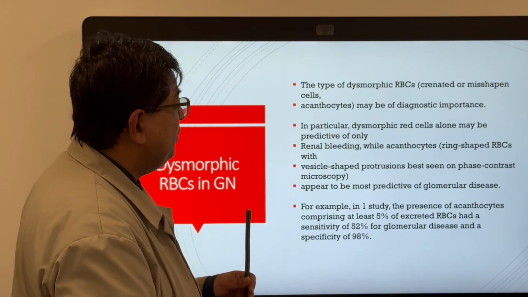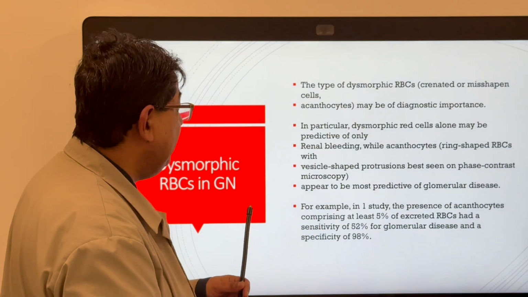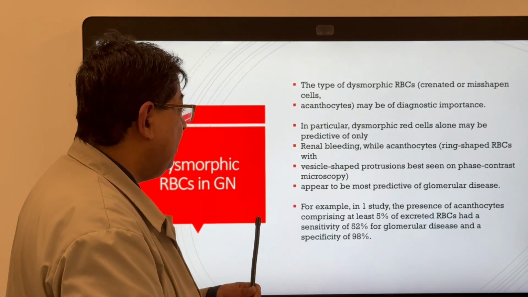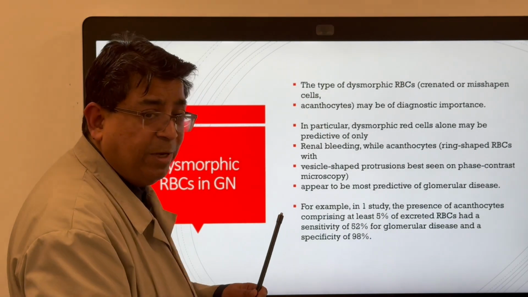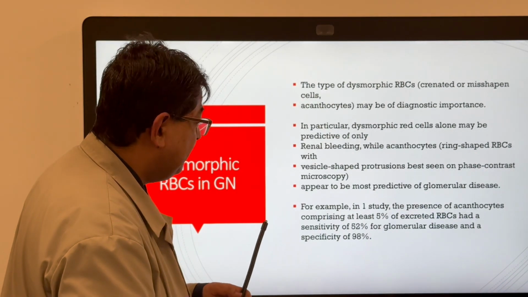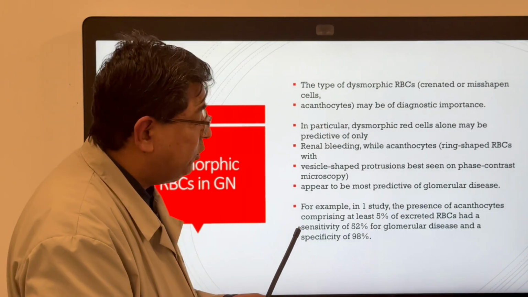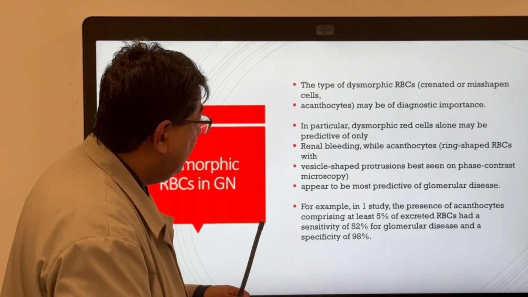But just because you see dysmorphic red blood cells does not mean that something autoimmune is going on, or that the glomerular basement membrane is somewhat involved in an inflammatory or autoimmune process.